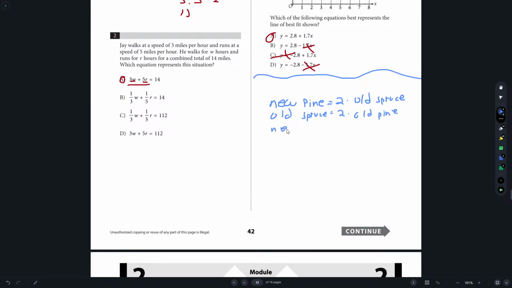New spruce is equal to 315. So the pine is now 2 times as old as the spruce was when the spruce was 2 times as old as the pine. And now the spruce is 315 years old.